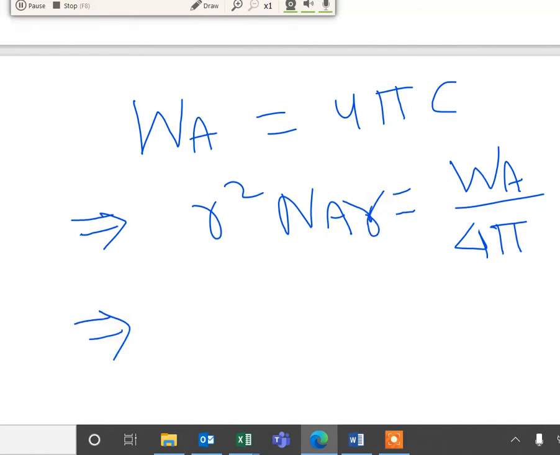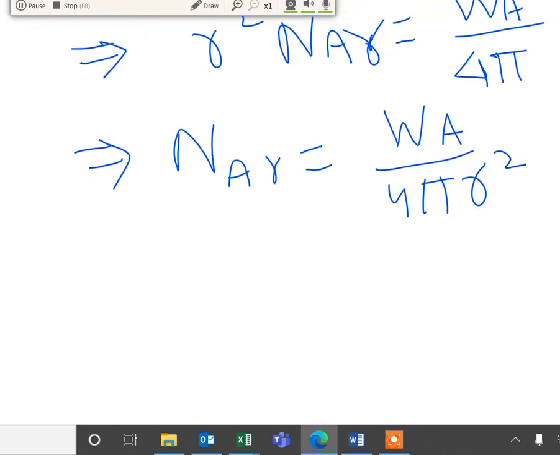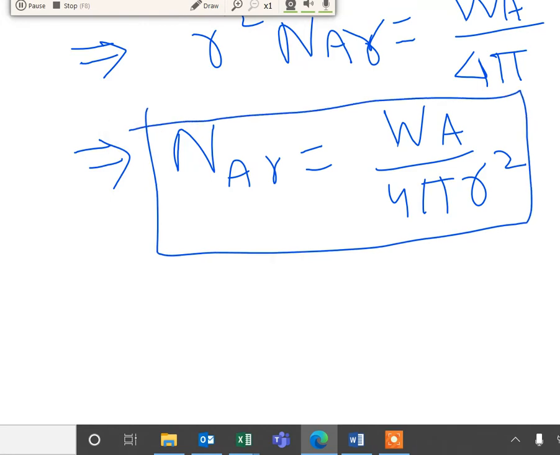So basically we get NAr with respect to r, which is WA divided by 4 pi r square. So this is the way flux is changing with r. So we get this relation of how flux is changing with r for this sphere.